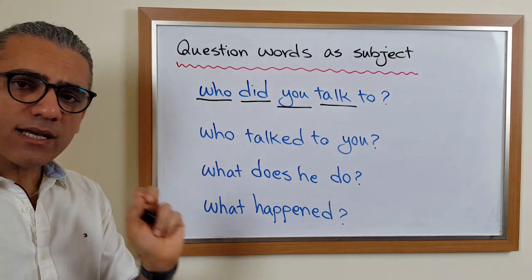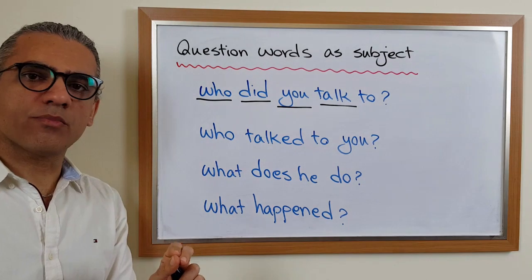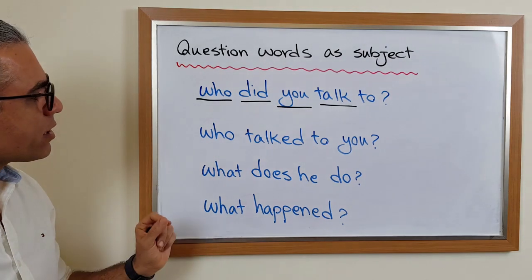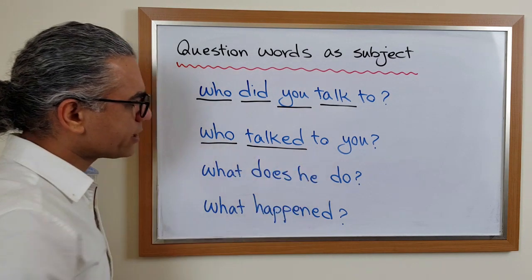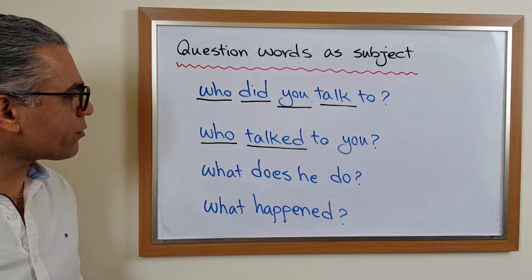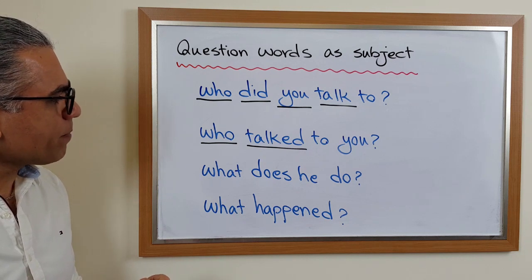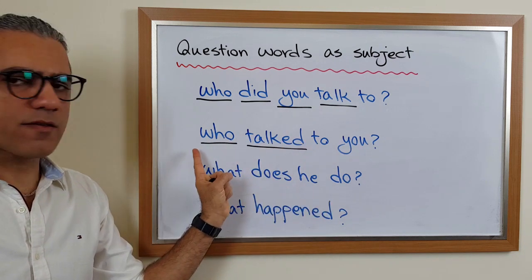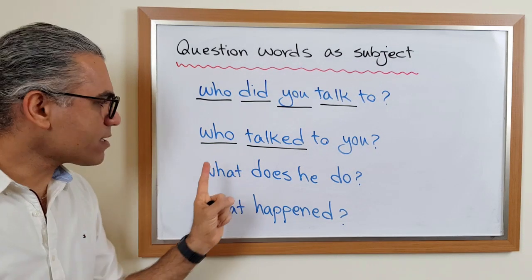Now, let's take a look at another WH question in past simple. It means the same tense. Look at this. Who, the WH word, then talked. We have the main verb immediately after the WH word, and there is no auxiliary verb. So what happened here? If you take a look at this sentence, you realize that the subject is missing, but actually it is not missing.